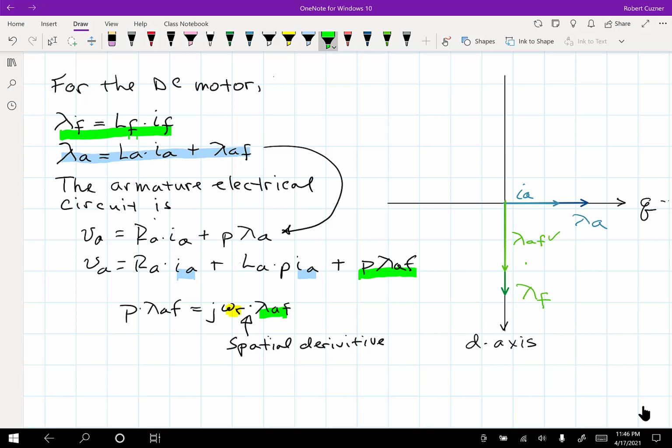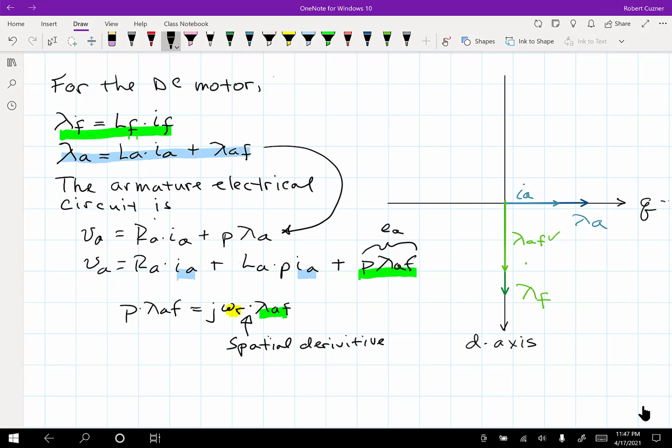shift. And so what we've got now on the q-axis is we could represent this entire product here, and we know that this becomes a voltage. It's really the result of Faraday's law, and so this is the EA.